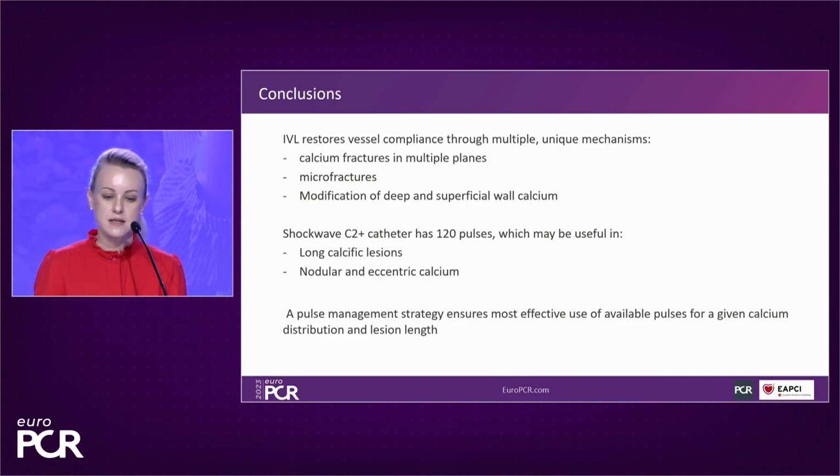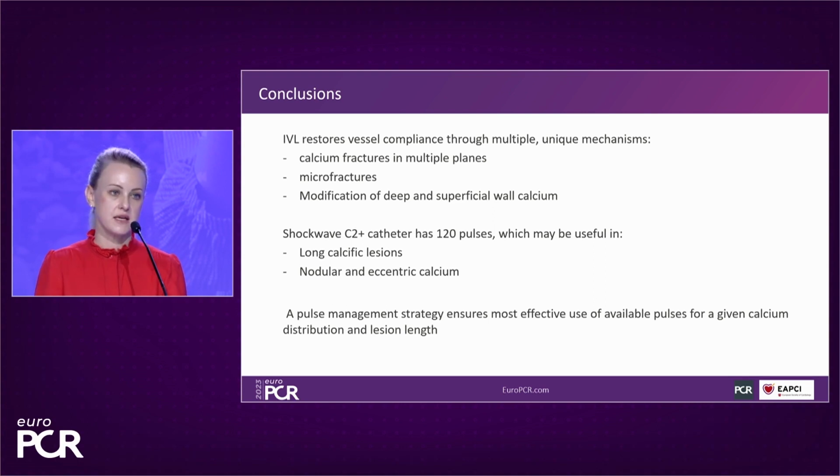So in summary, lithotripsy restores vessel compliance through multiple and unique mechanisms, including causing fractures in multiple planes, causing these microfractures, and also the ability to modify both deep and superficial wall calcium.